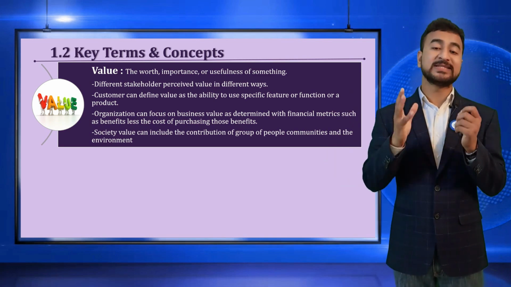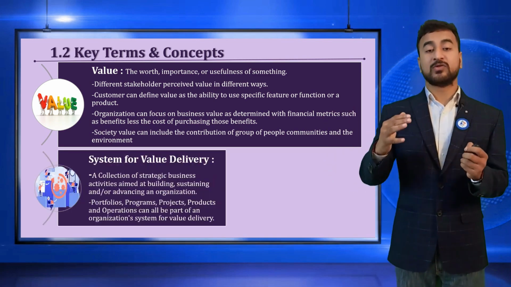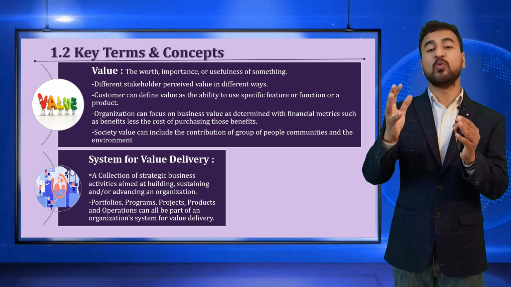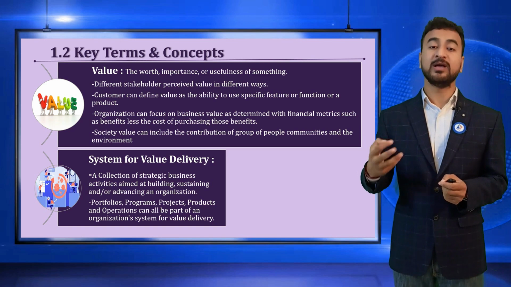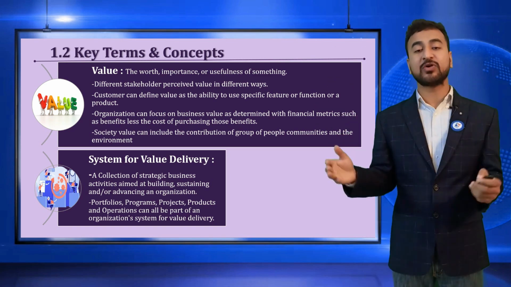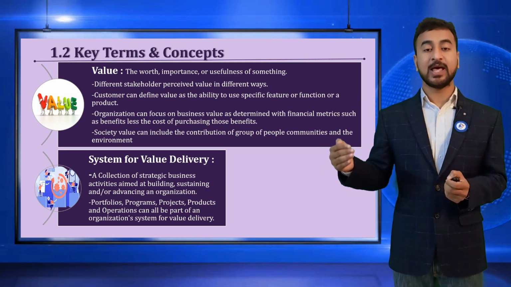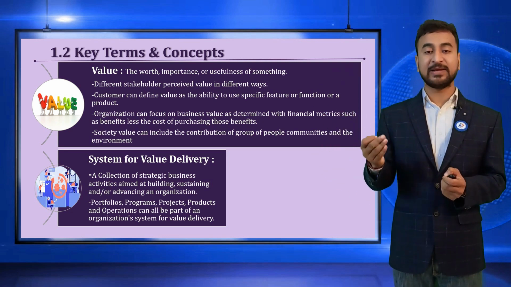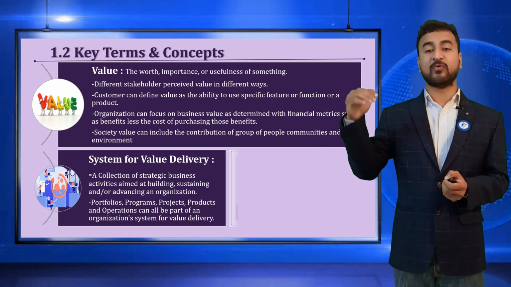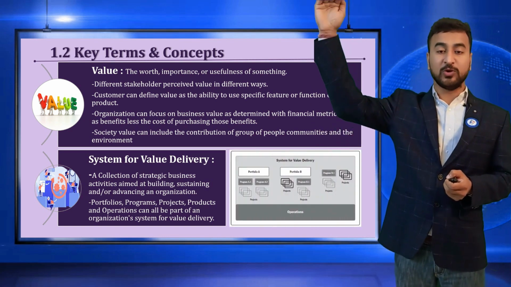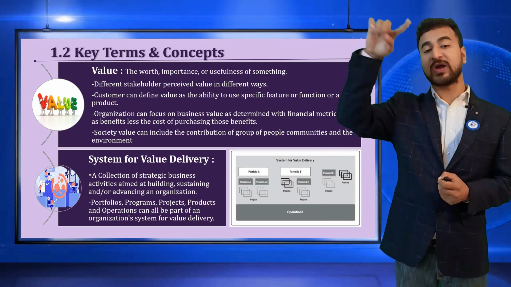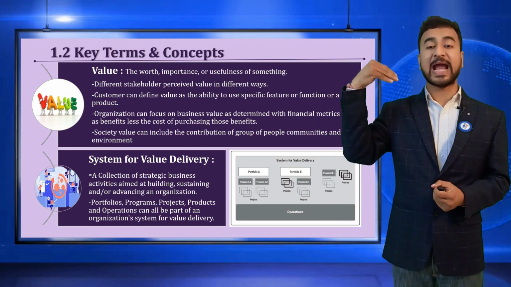And now we are discussing the system for value delivery. As I told you, PMBOK version 7 is more focused on value delivery. How can you achieve that value? It is a collection of strategic business activities aimed at building and sustaining or advancing the organization. Collectively, the portfolio, programs, projects and operations, how can all this add value?